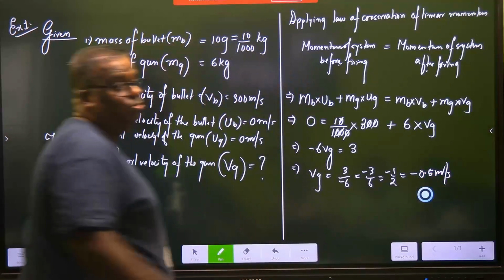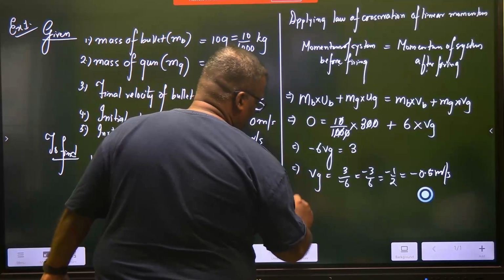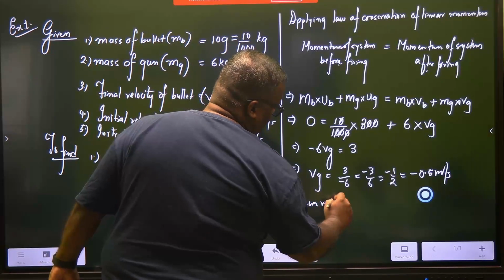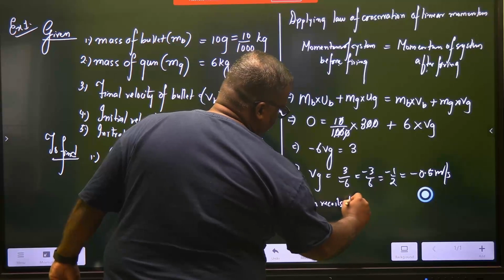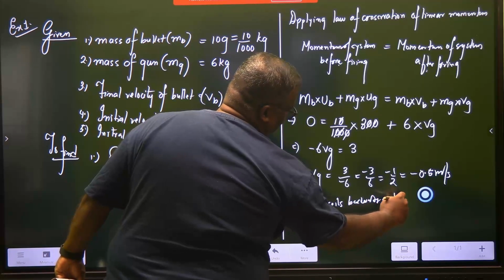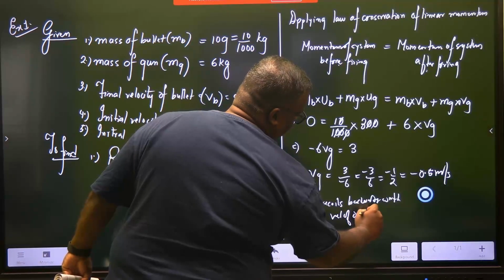See, automatically we are getting a negative. So we write the gun recoils backwards with a velocity of 0.5 meter per second.